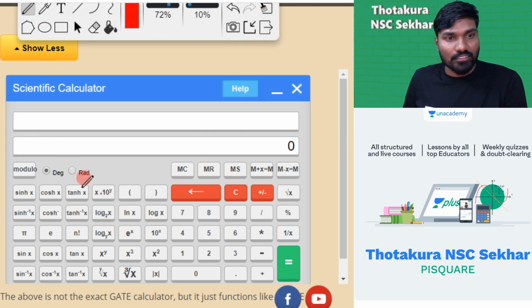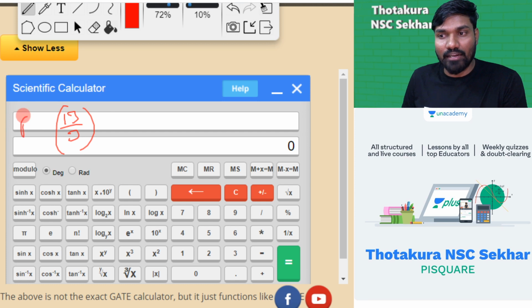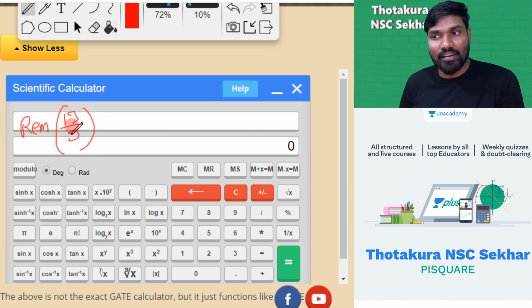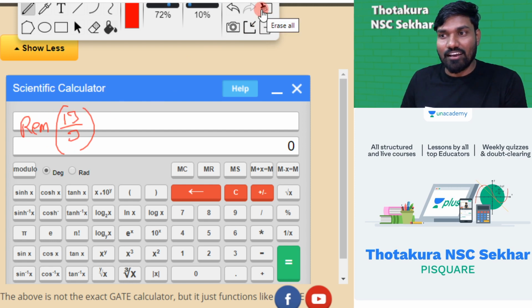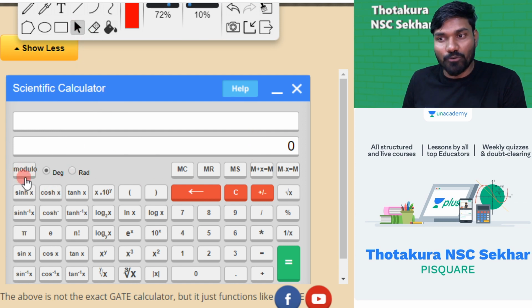Next one. I want to perform 13 by 3, but I want the remainder when I perform this 13 by 3. In that case, I will use, look at the calculator here, what do we have? Modulo.